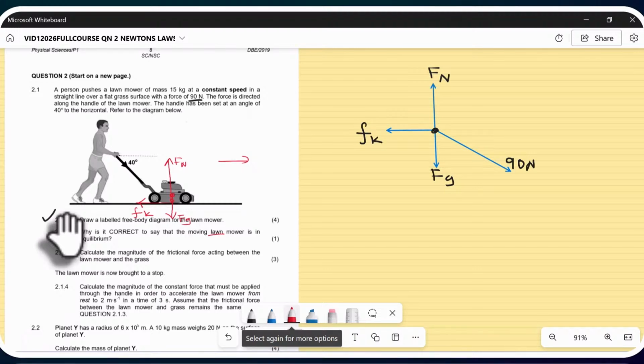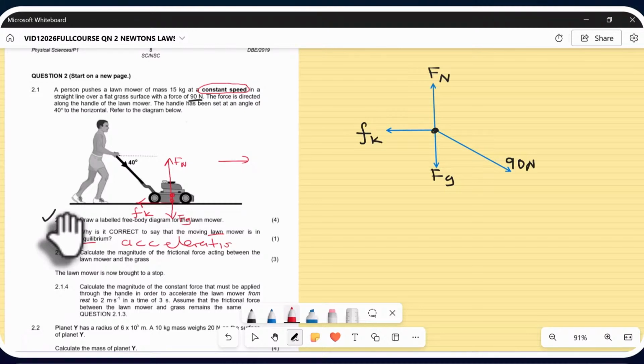And if acceleration is 0, then it's going to be in equilibrium. So it's because acceleration is 0, it means it is at equilibrium.